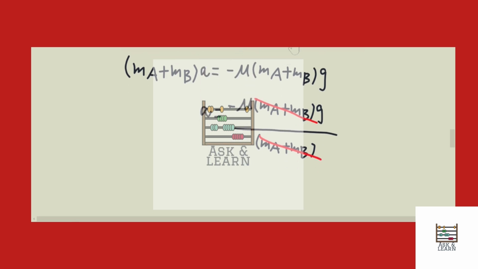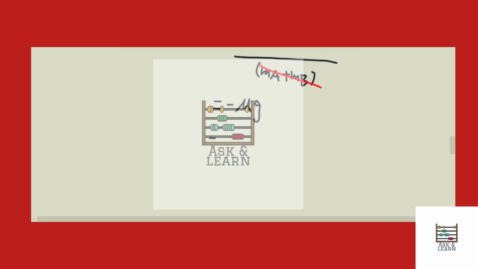Therefore, the acceleration a is equal to negative mu g, which is negative 0.55 times the acceleration of gravity, 9.8 meters per second squared. This gives us an acceleration of about negative 5.39 meters per second squared. So the distance s is equal to v final squared minus v initial squared over 2a, which is 0 squared minus (9.4 meters per second) squared, over 2 times negative 5.39 meters per second squared.